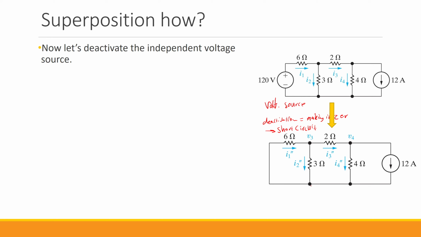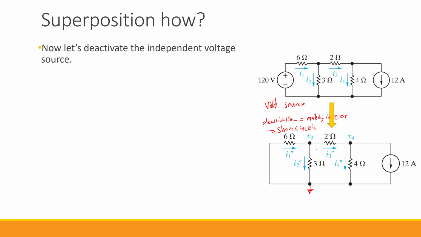So now we consider this node to be the reference node, and I call this one and this one to be V3 and V4, and for all the individual currents I name them I1 double prime to I4 double prime, and I try to find them.